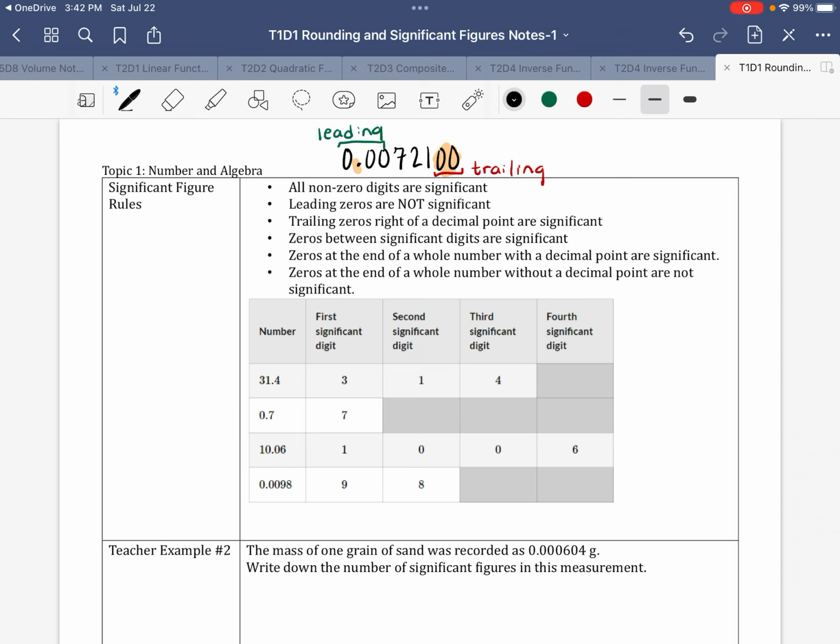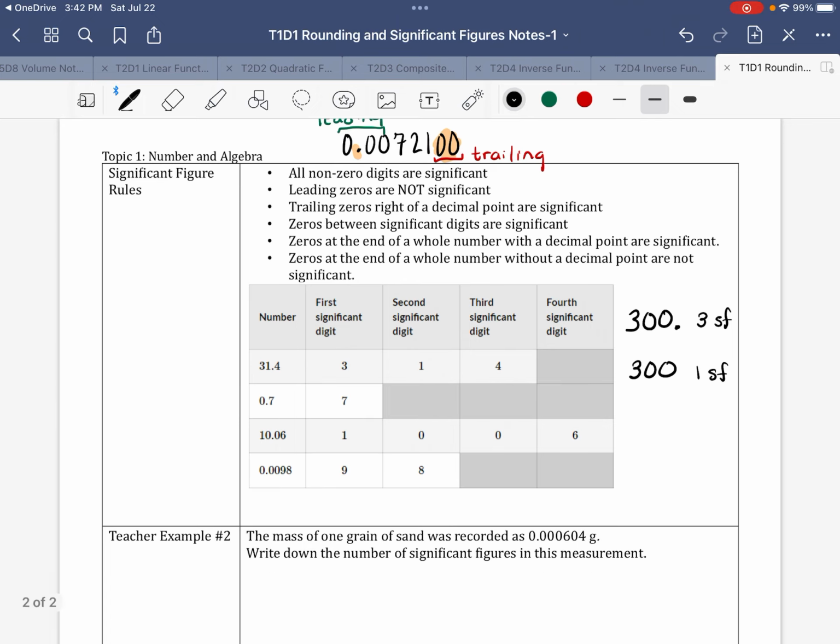And then zeros at the end of whole numbers: if there is a decimal point, significant. If there's not a decimal point, not significant. So for example, if I had the number 300 with the decimal point, we would have 3 significant figures. If I just had the number 300 without a decimal point, we have 1 significant figure.